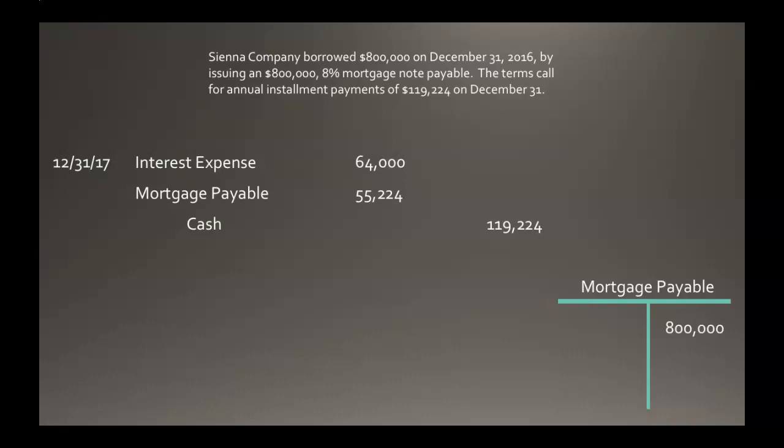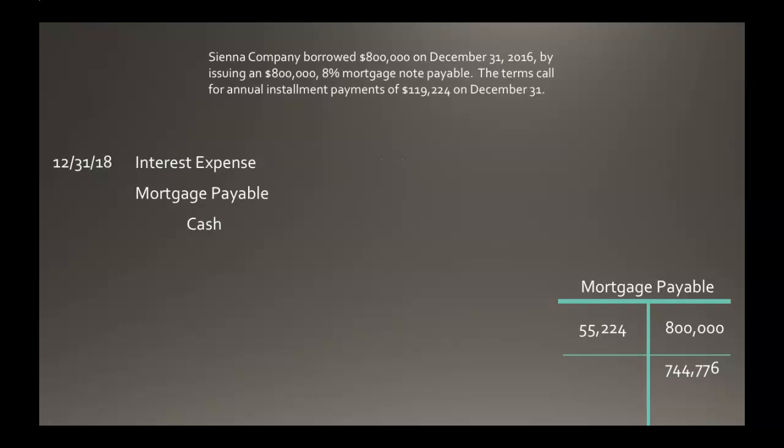Initially, we credited $800,000, and then here on December 31st of 2017, we debited $55,224. So we have a balance now in our mortgage payable of $744,000. And it's important to keep this T account of mortgage payable going because you'll see what happens in your next installment payment.